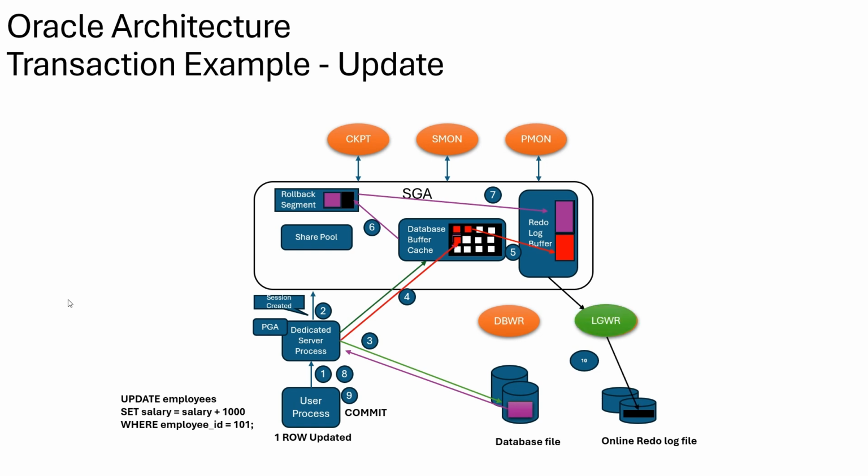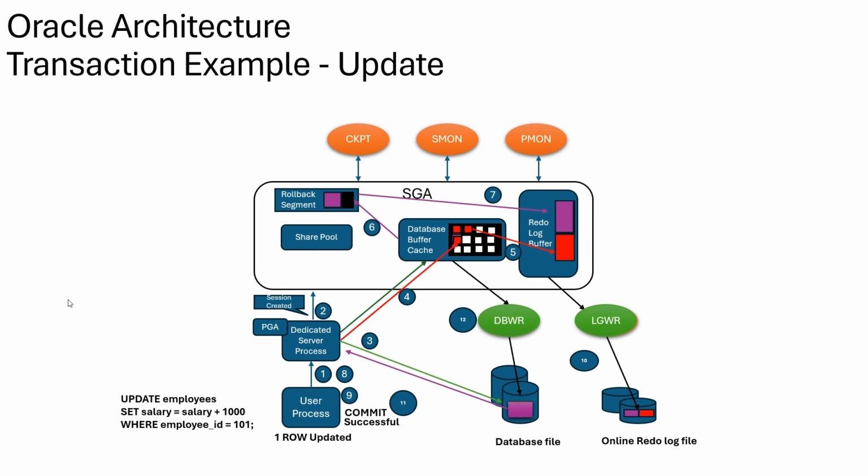Then immediately I get a response that the commit is successful. Internally it moves the dirty buffers from the database buffer cache to the db writer. That's how the transaction update will happen.